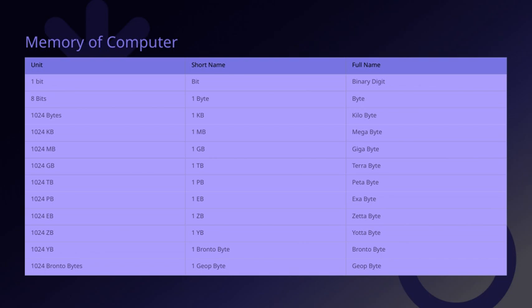Throughout this hierarchy, the key idea is that each step-up is 1024 times larger than the previous one. Understanding these units helps us grasp the enormous scale of modern data storage and the capacity of computer memory. And this progression underscores the exponential growth in data we handle today, connecting back to the theme of how digital technology continuously expands our storage possibilities.